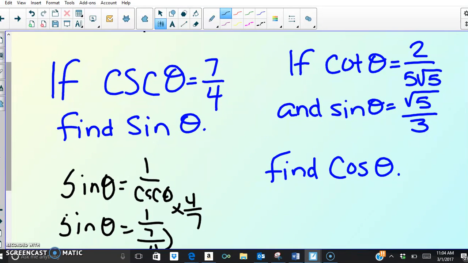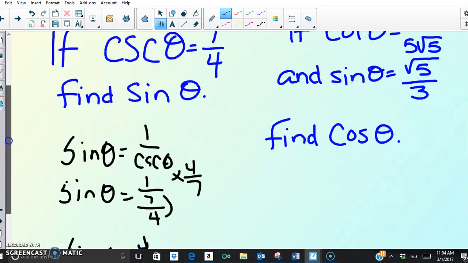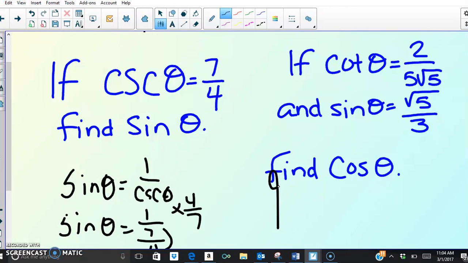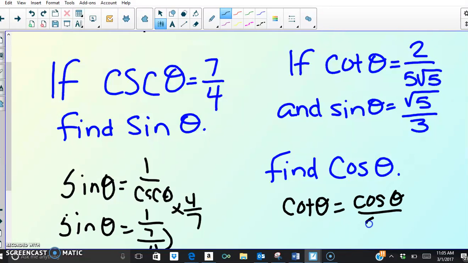Here's one. If cotangent theta equals 2 over 5 radical 5 and sine theta equals radical 5 over 3, find cosine. So if we look back at our identities, cotangent equals cosine over sine. So we'll write that. Cotangent theta equals cosine theta over sine theta.